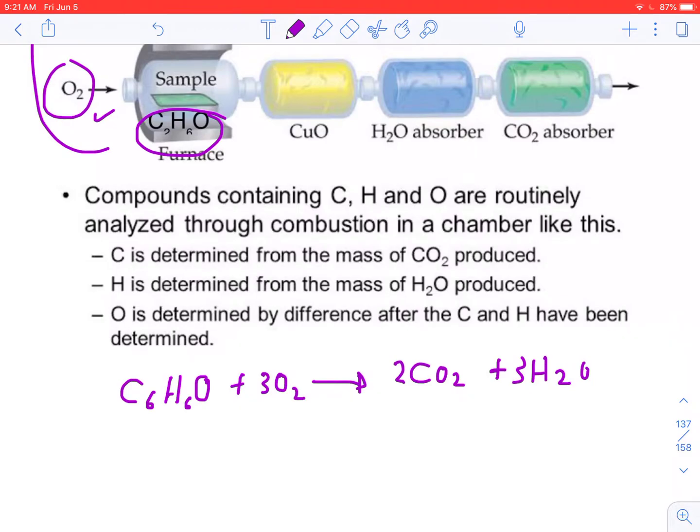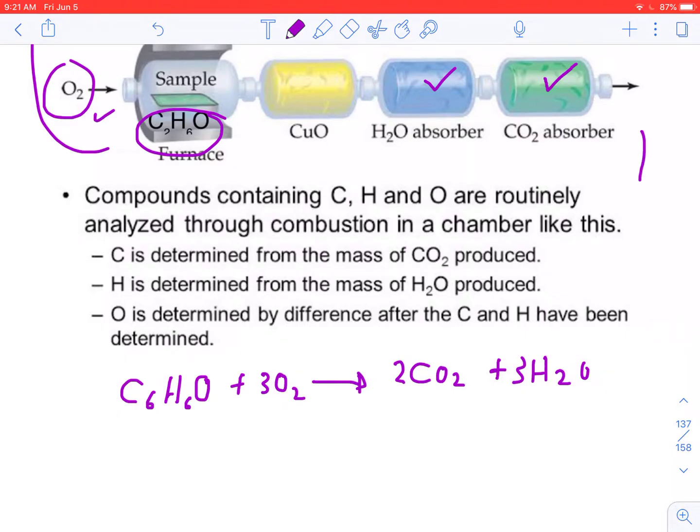But the point I want to illustrate is, now you see the carbon dioxide gets collected here in this carbon dioxide absorber. The water gets absorbed in this absorber here.